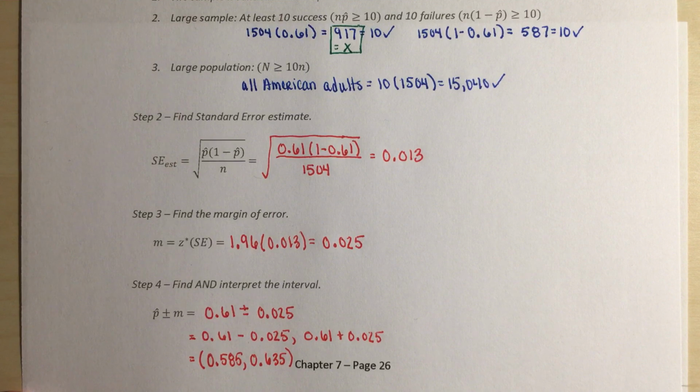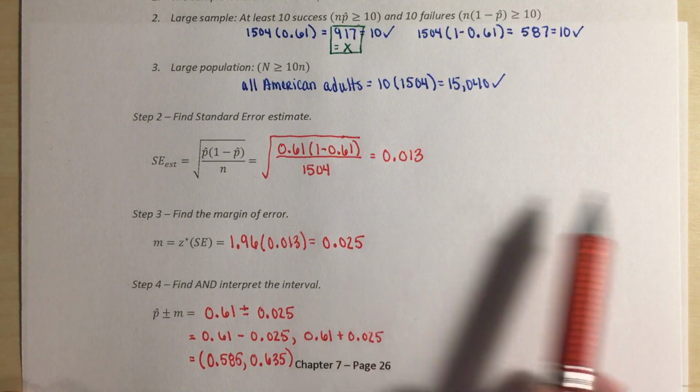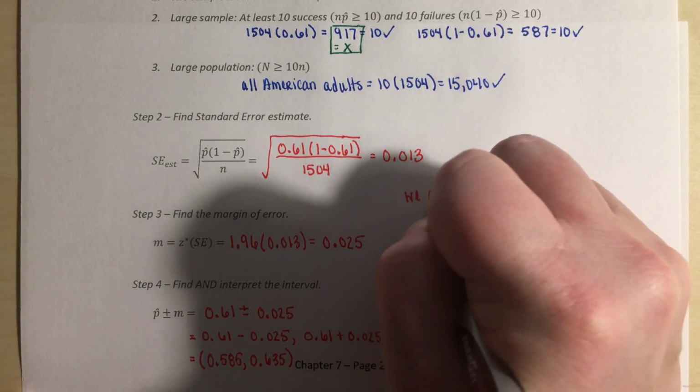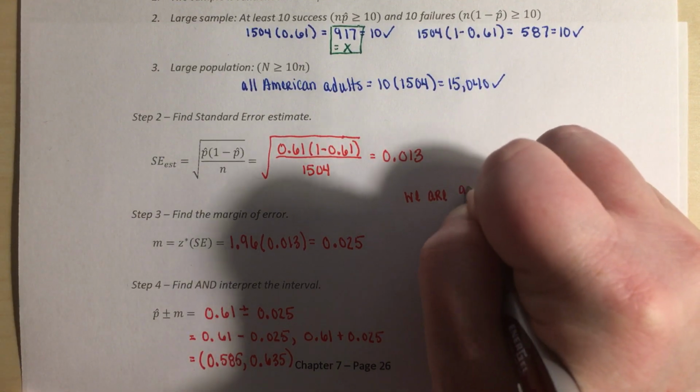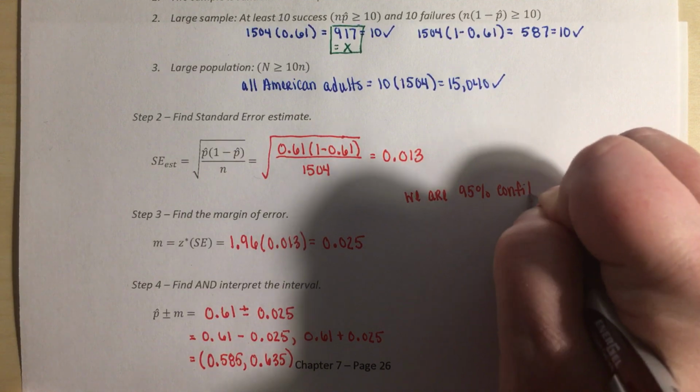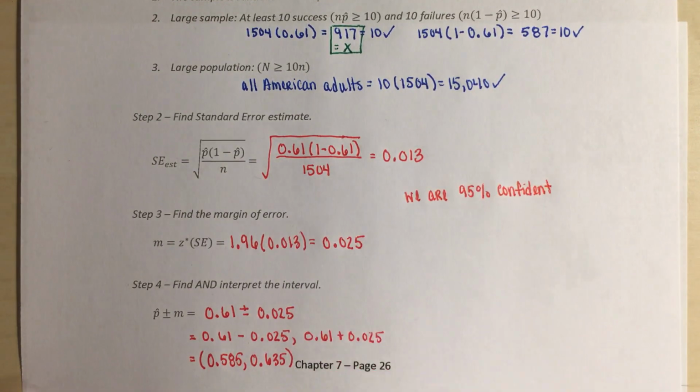All right, now we're going to interpret that. And in our interpretations, remember, we always start with our confidence level. And just for room's sake, I'm going to put that information up here. So we're going to start and we're going to say we are 95% confident. Right? And then we start talking about our proportion that is in question.